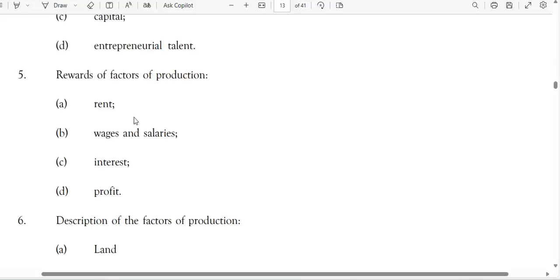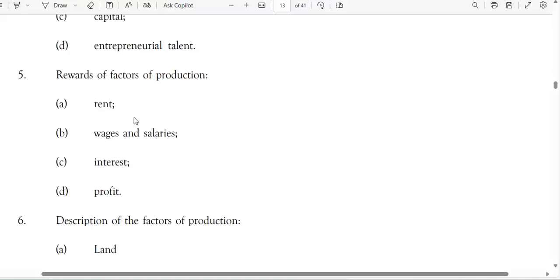So land includes, as we all know, all the natural resources: soil, rivers, forests, and minerals. Now, when someone uses land that belongs to another person or the government, they usually pay rent for its use.